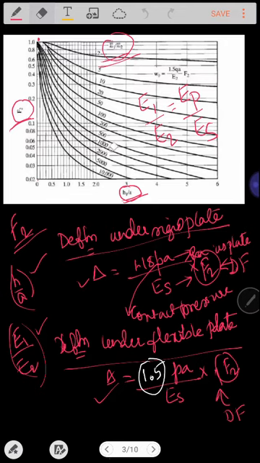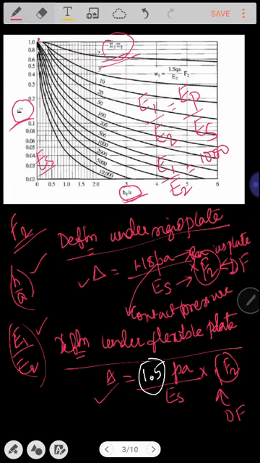1000. What is this 1000? According to the graph, this happens to be E1 upon E2 is equal to 1000, which means E1 is equal to 1000 times E2, or you can consider this as Ep upon Es is equal to 1000. Or what will be Es upon Ep? Es upon Ep would be the inverse of this.